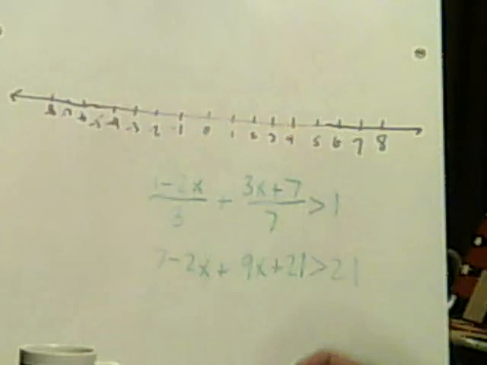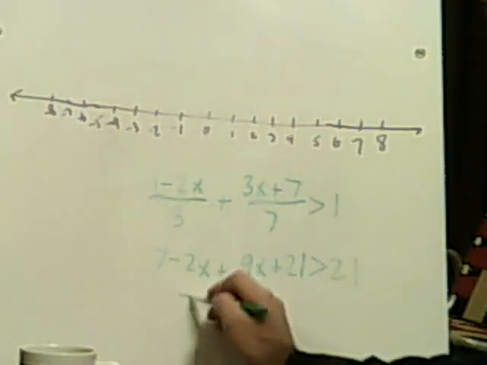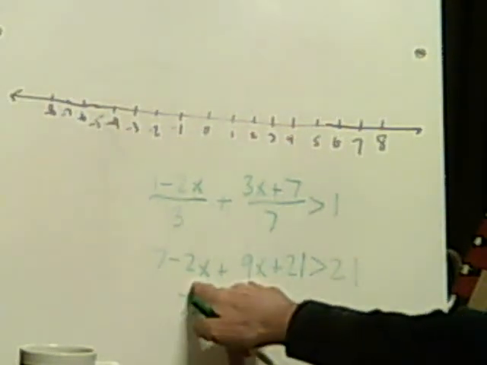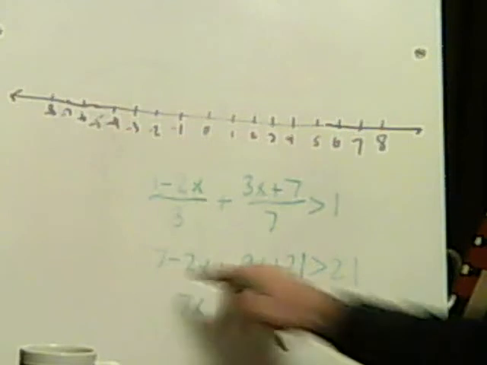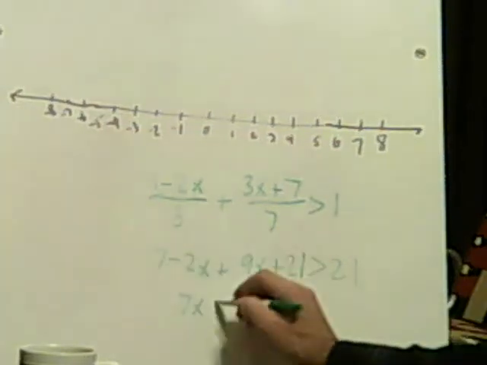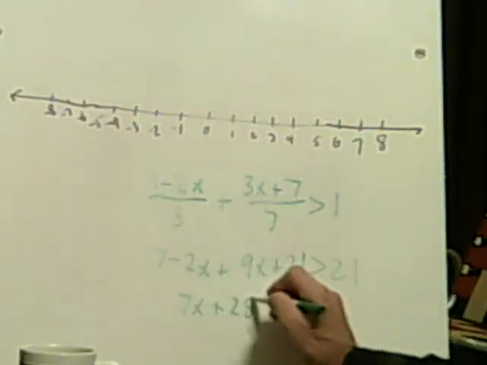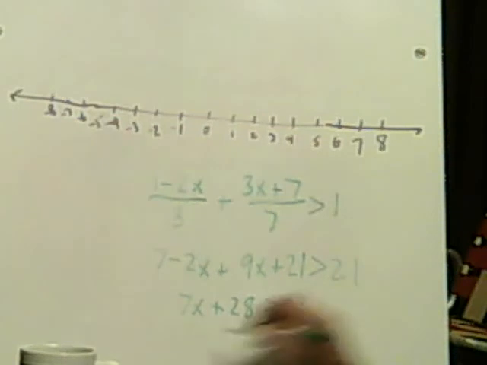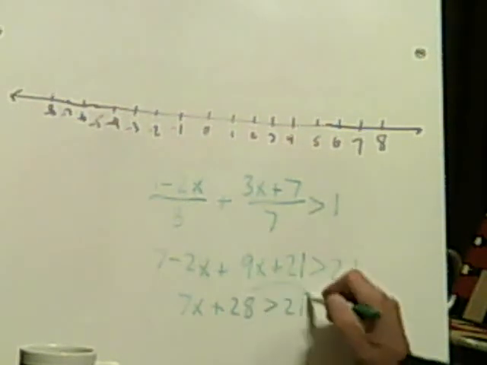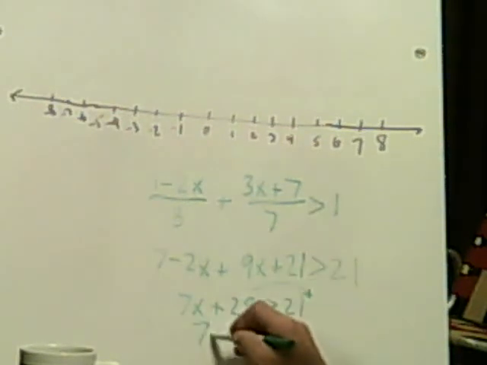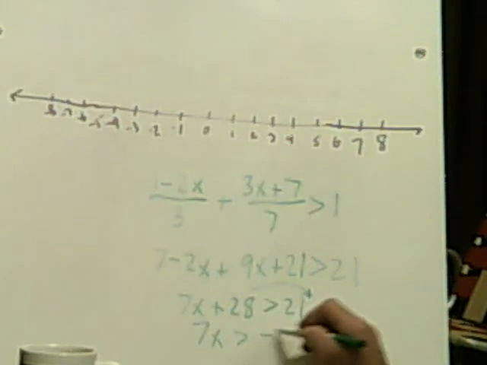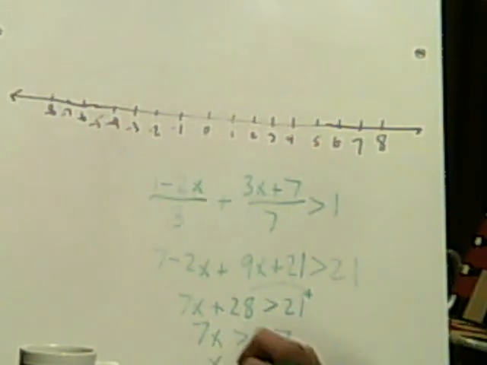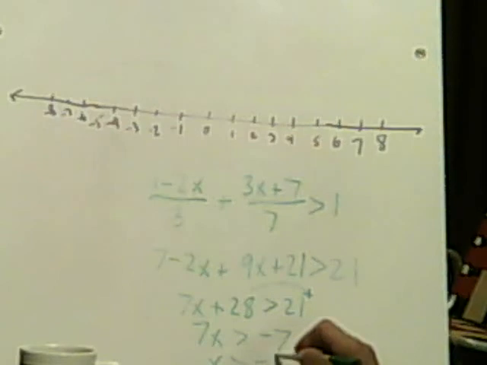Okay. Now, this is going to be 7x, just putting like terms together, plus 28 is greater than 21. Get the 28 over to the other side. 7x is greater than minus 7. x is greater than negative 1.